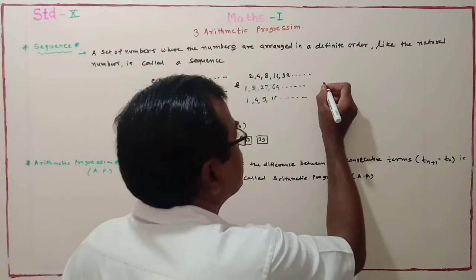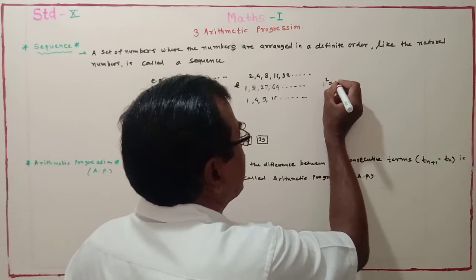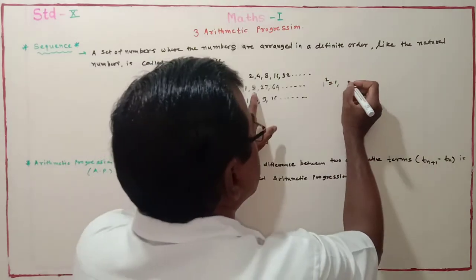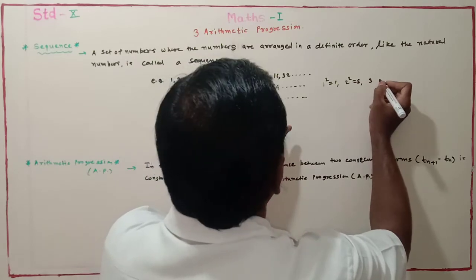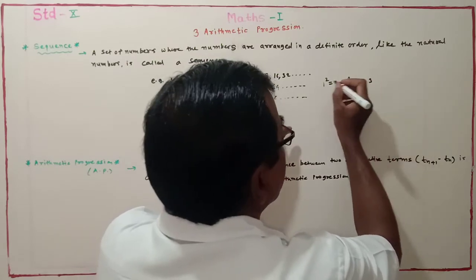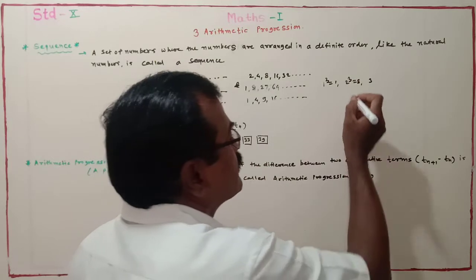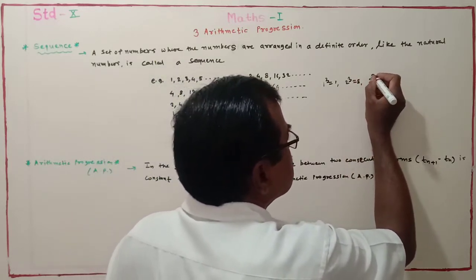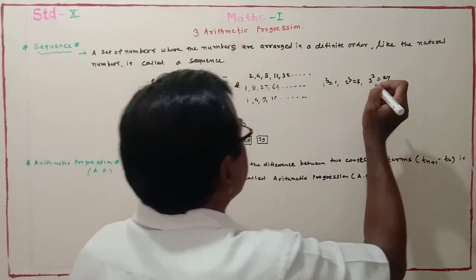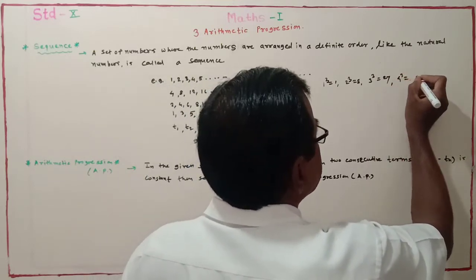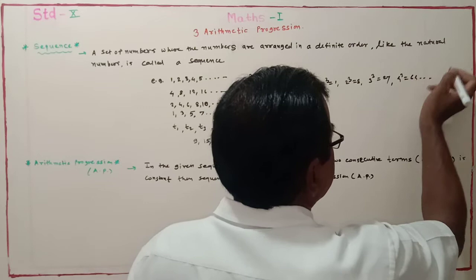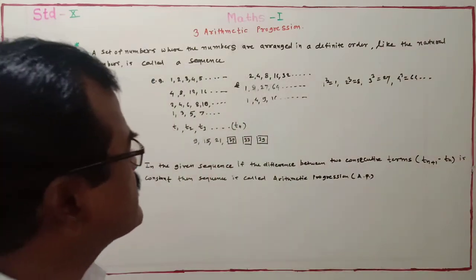Means 1 cube is 1, 2 cube is 8, 3 cube is 27, and the 4th cube is 64, etc.